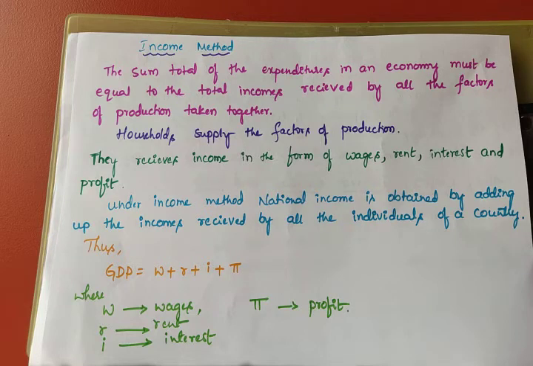We should not calculate how much we are spending on intermediate goods. We should calculate only how much we are spending on final goods, and national income under this method. Which method?